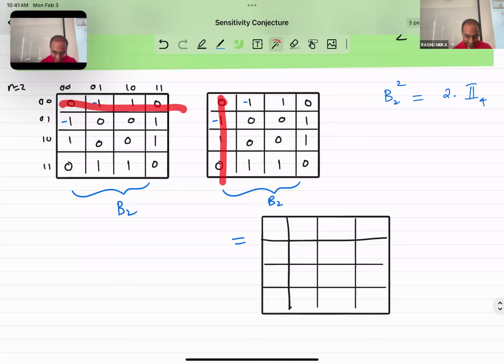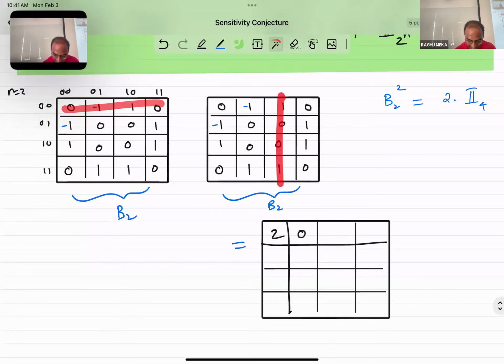This times this is exactly 2. The -1 and 1's match up. So I get 2. And how about this times this? They have no overlap really, right? So the -1's are in the middle 2 entries, they're on the outside. So you get 0. And how about this times this? Again, there's no overlap. So I get 0.